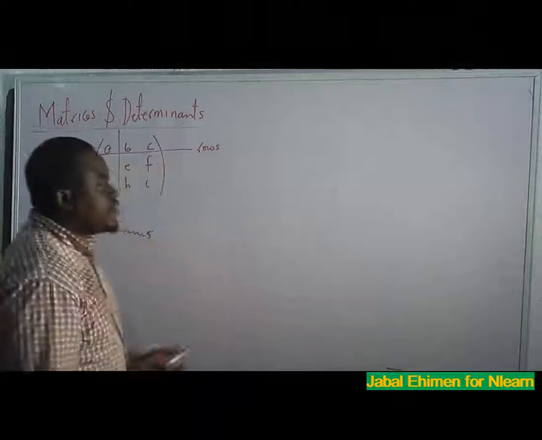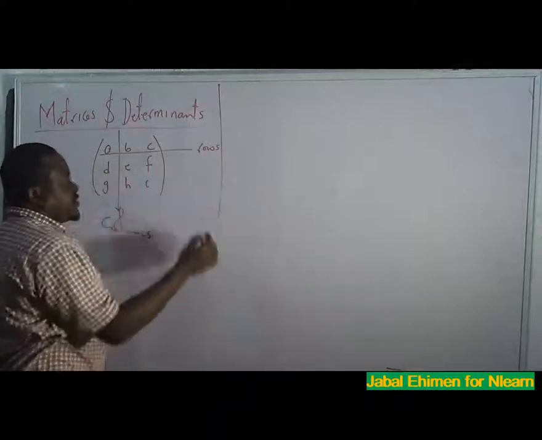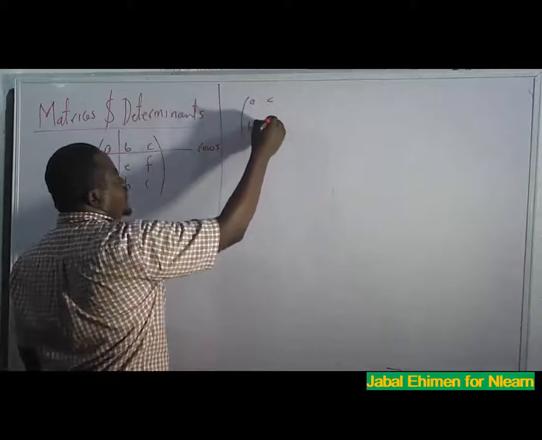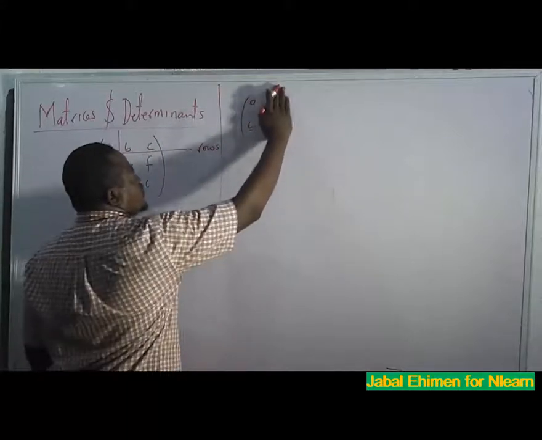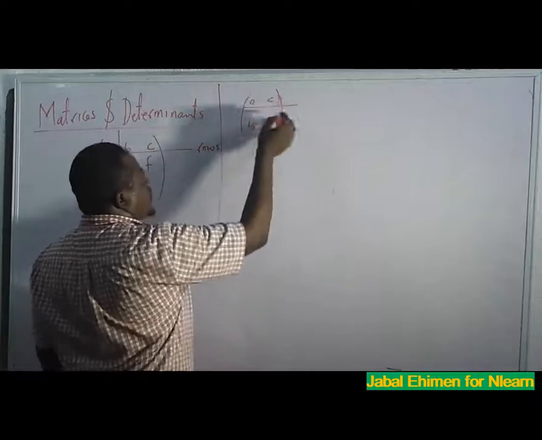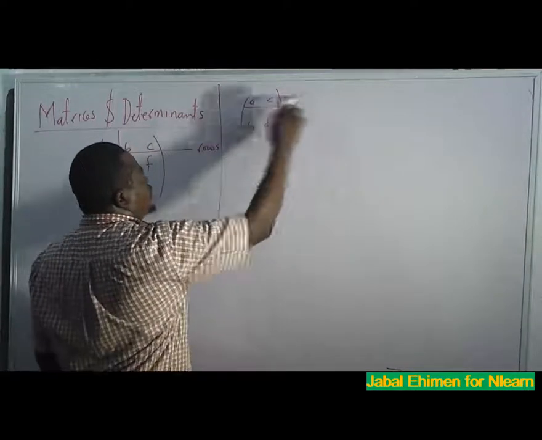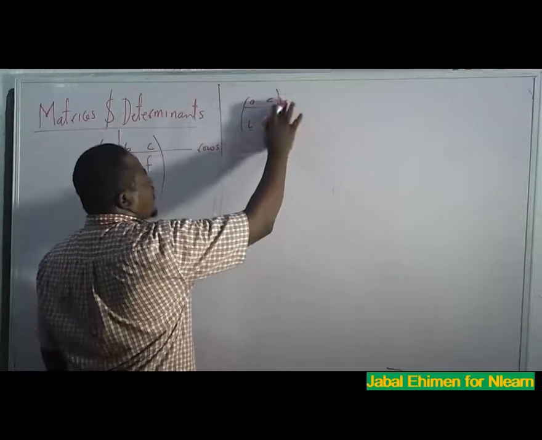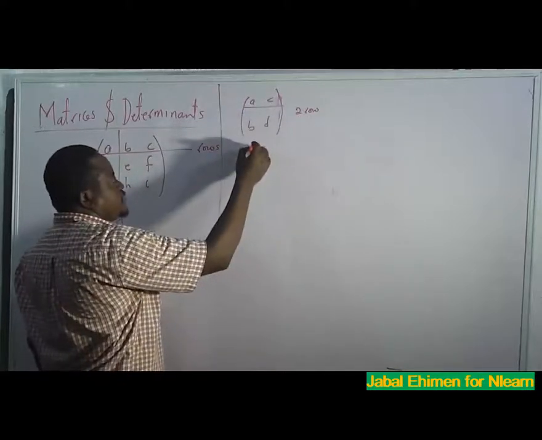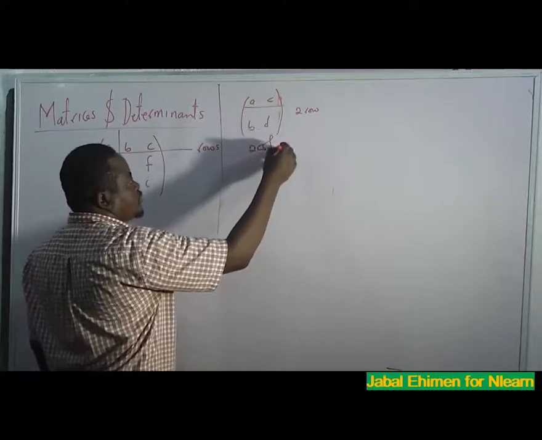But the question is this: these rows and columns we're talking about, how do you name them? Sometimes we have matrices where, maybe, you have A, B, C, D. If you have a matrix of this nature, how many rows is this? You have 1, 2. This matrix has 2 rows and 2 columns.